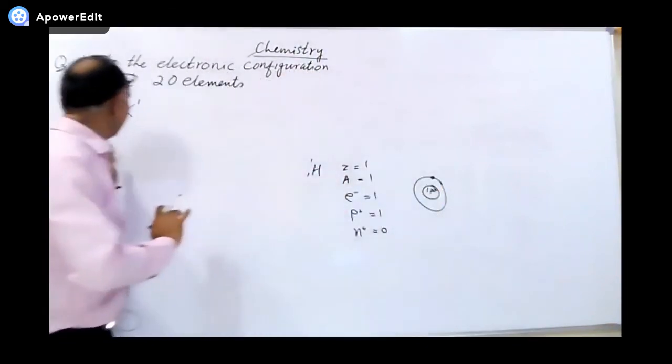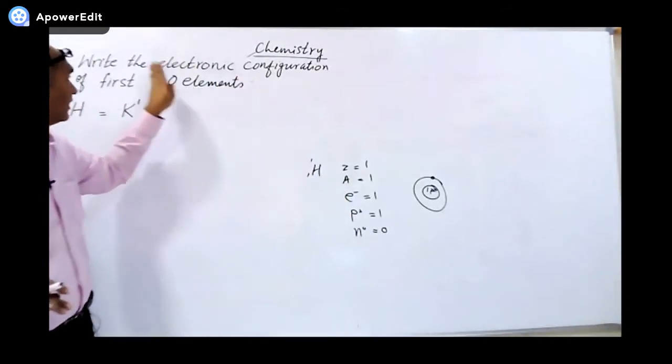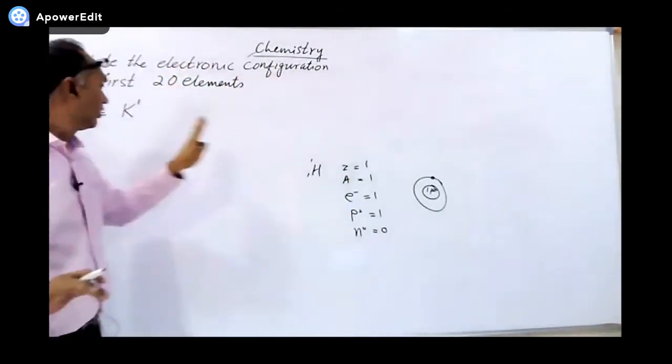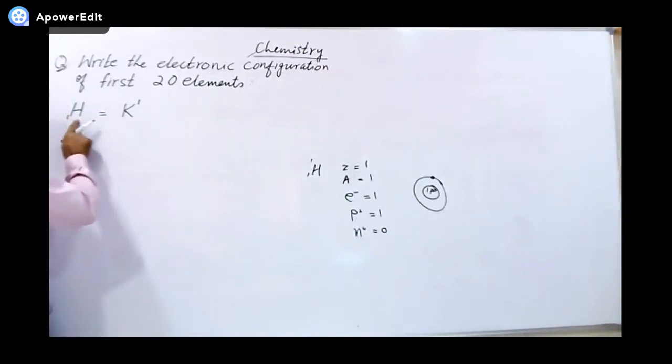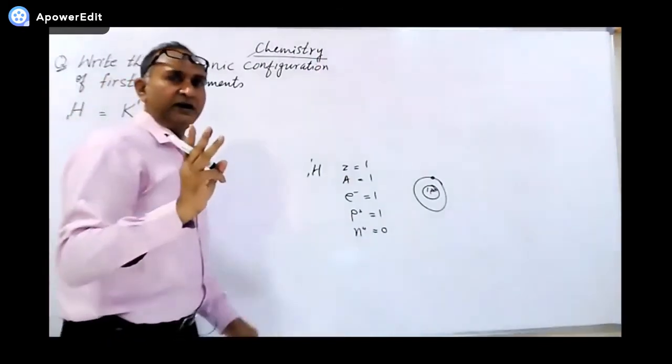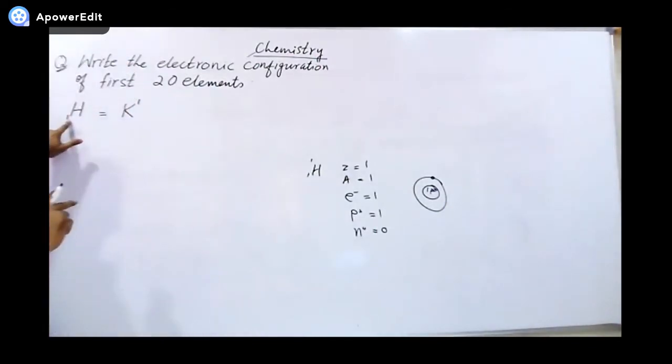But it is not asked over here. It says write the electronic configuration. So I'm only focusing on electronic configuration. As I told you, the chart, it is neutral. Neutral means whatever number you see, 3 things you can say over here: 1 electron, 1 proton, 1 atomic number.